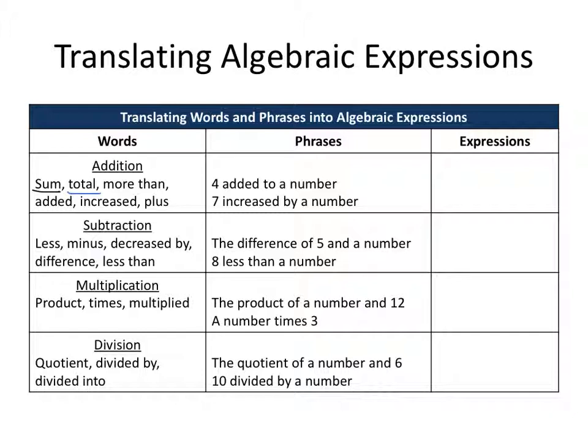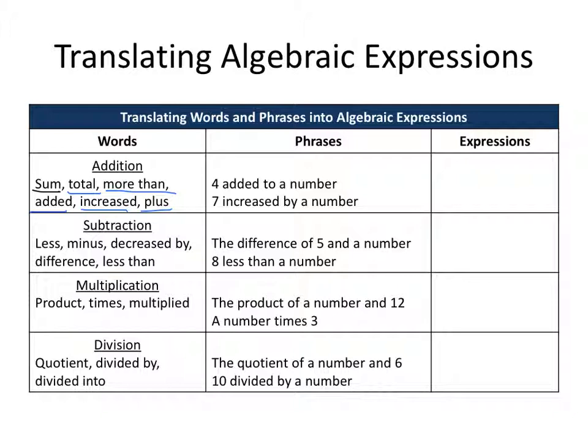If you see the word total in a phrase, that also would indicate addition. More than, added to, or increased by. Of course, the word plus. All these would indicate the operation of addition when we see them in an English statement or phrase using words.